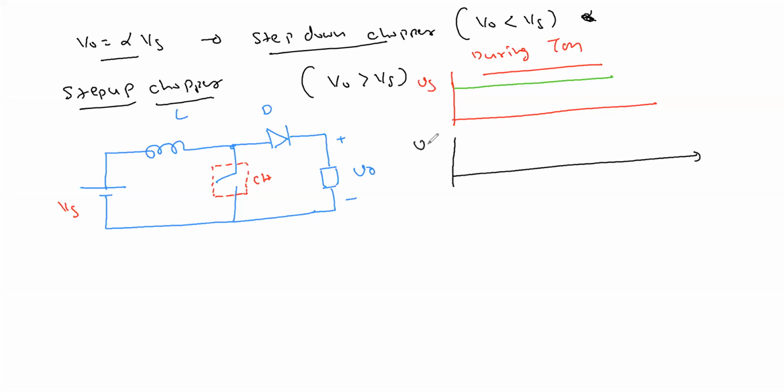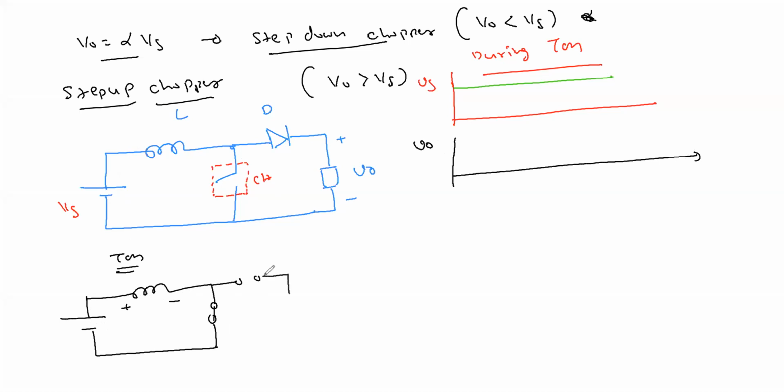V naught, देखो T on period में, so then inductor is kind of energizing. इसको chopper को on कर दिया मैंने. When this gets short circuited, no current will flow here now. इसमें तो current नहीं आएगा. So then it gets open here now, and आपका load इधर है. So V naught value, which is equal to 0.